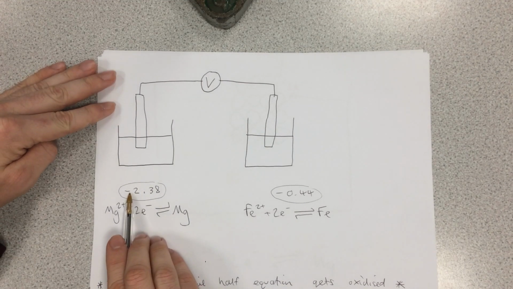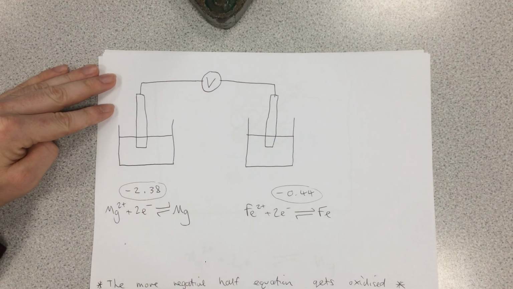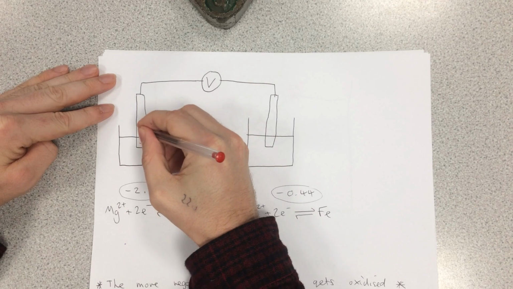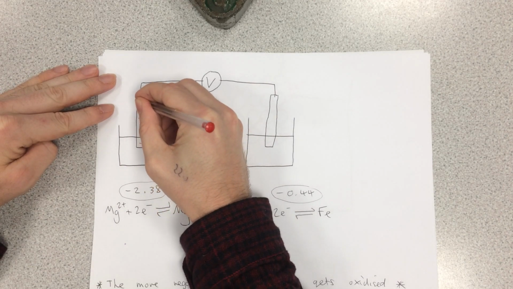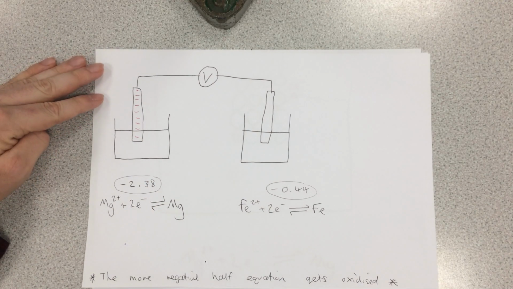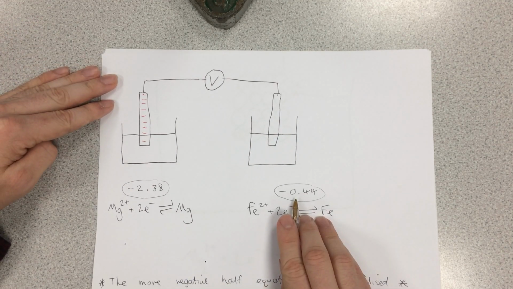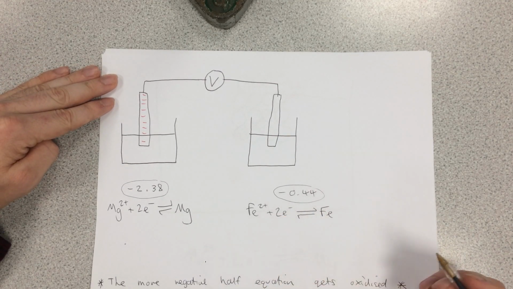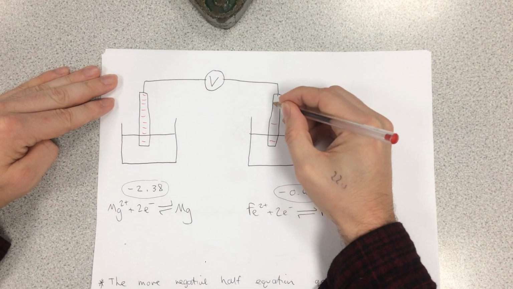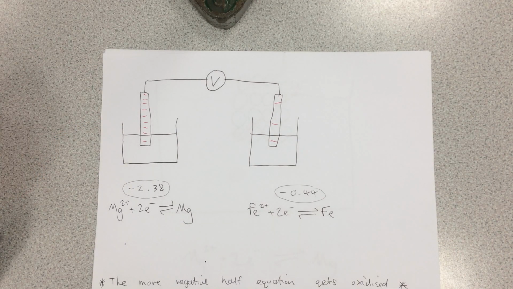The fact that this has the more negative electrode potential value, as a bit of a simplification, we can say it means it has a lot of electron density on the electrode. Over here, we have a less negative electrode potential, so there's less electron density.